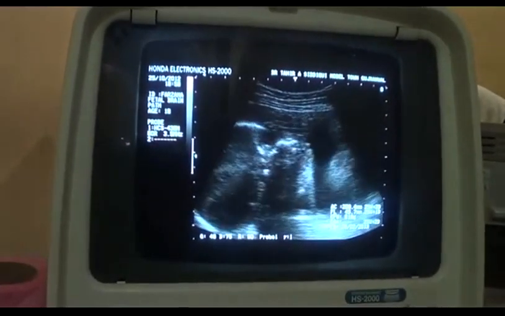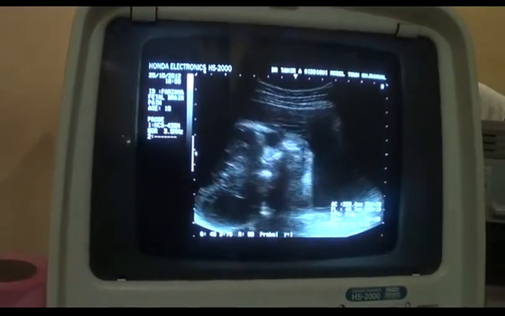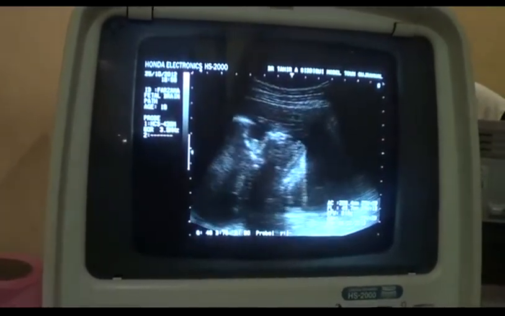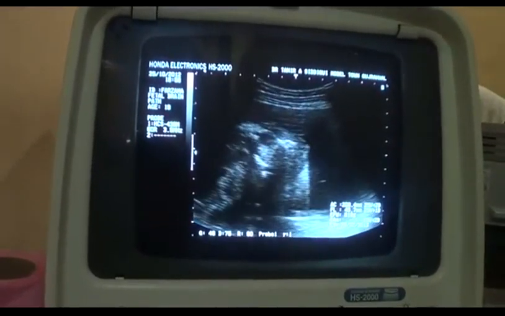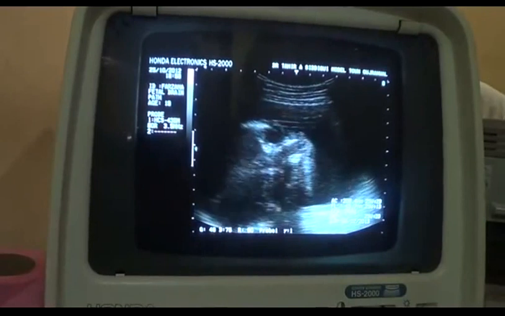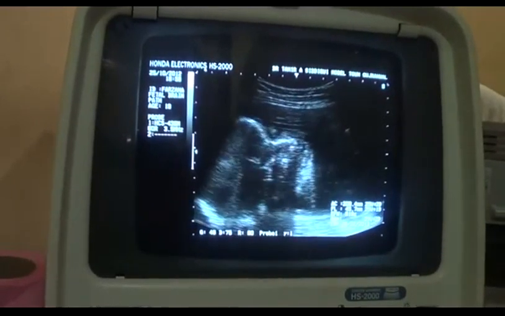I am not moving the probe, and you can see the movements. Now I am moving to get the position right here.